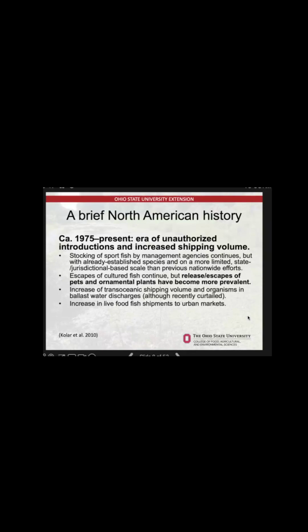We also have in dense urban places where you've got really big populations, a higher demand for live organisms in the food market. And sometimes those things are released to the wild, again, by people being less good stewards. So this modern era, new introductions are largely dominated by people, just individuals, being poor stewards of live things.